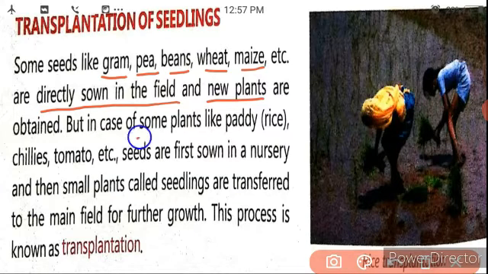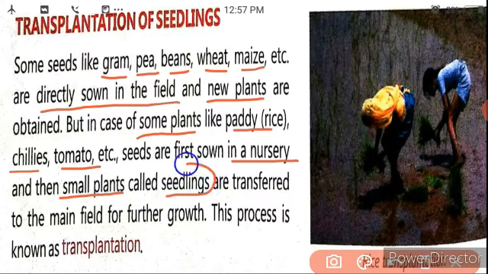But in the case of some plants like paddy, that is rice, chilies and tomato, the seeds are not sown directly in the field. They are first sown in a nursery, and after some days you can see small plants growing from that. Those small plants are called seedlings. What are they called? Seedlings.